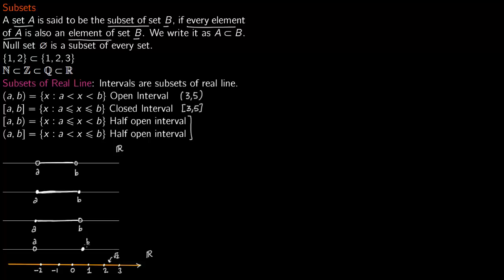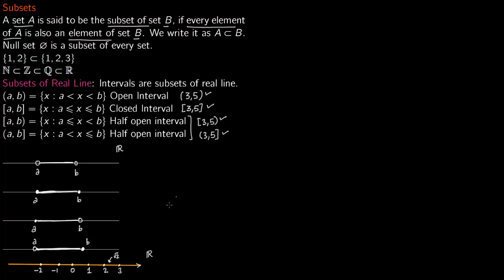So solid for b and hole for a, and then you draw a line between a and b to say this is the interval. So you could write like this, say an example is [3, 5), or you could have (3, 5]. So again you can see that this [3, 5) is contained within this interval, and this interval. And this closed interval is the biggest because both these are also contained within the closed interval.